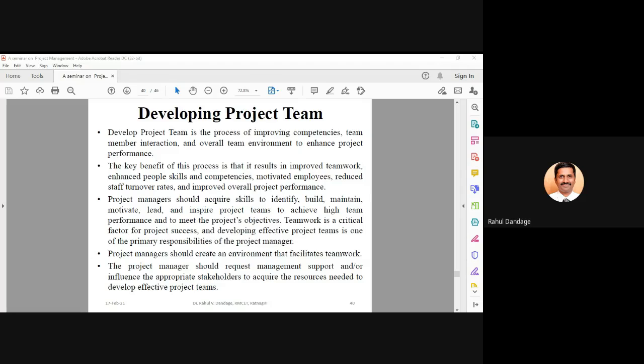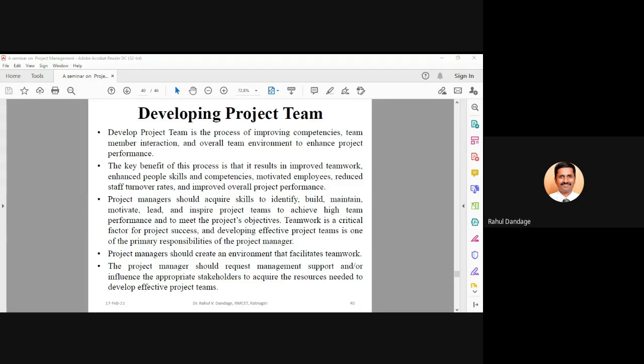So this project team development, this is nothing but the responsibility of the project manager. So he should acquire the skills to identify, build, maintain, motivate, lead, and inspire project teams to achieve high team performance and to meet the project objectives.